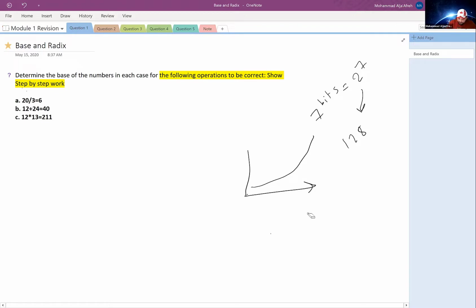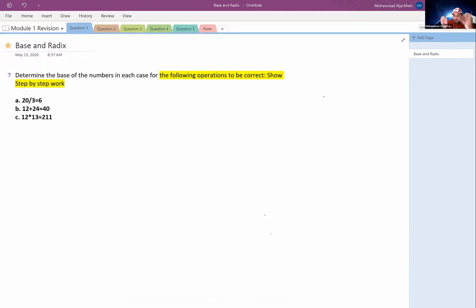Okay, so let me delete this. One of the possible questions that I might ask you, which is different from what I covered in the YouTube lectures, is to determine the base. I give you an equation and I want you to determine the base.